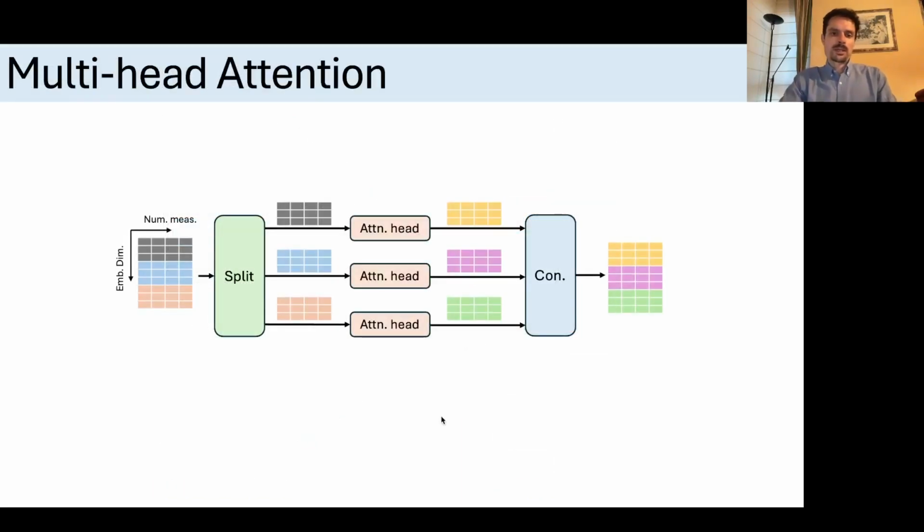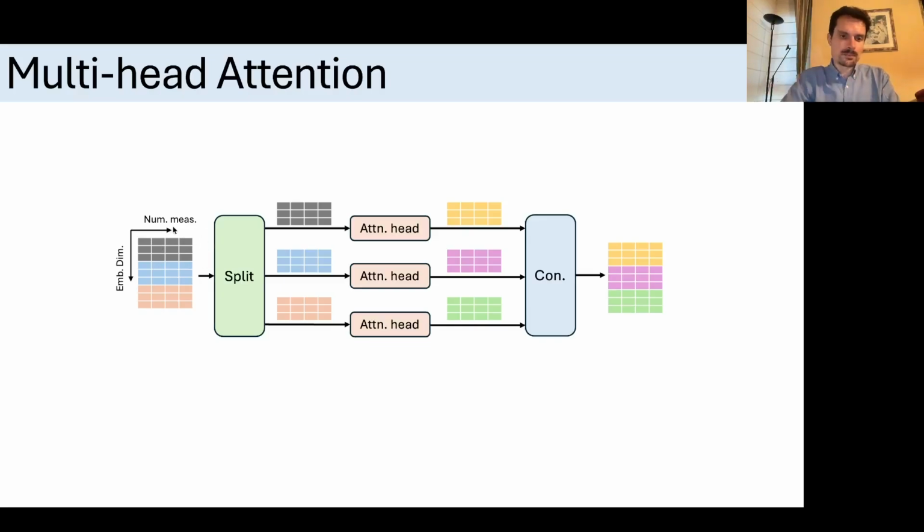And my last slide of this part is about multi-head attention. This is also a very common term. Here what we do is to take the input vectors. Here we have like 4 input vectors.